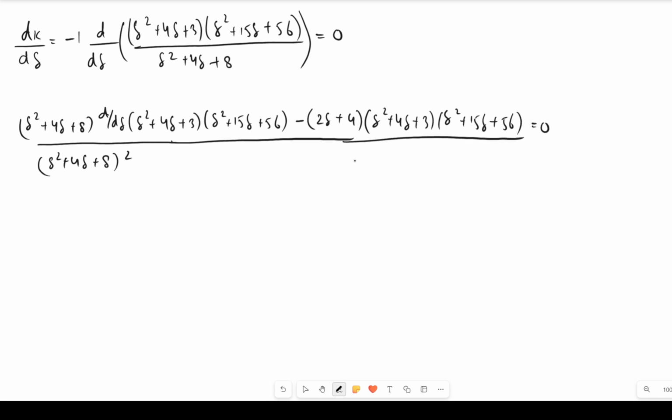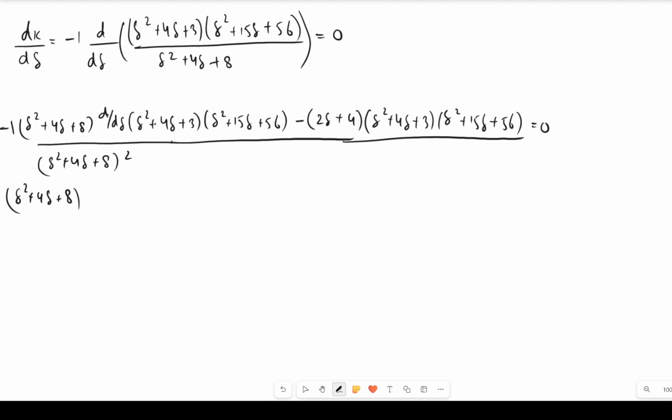Okay, now this whole thing will go this side, this minus thing will go this side and be multiplied with 0, and they'll be removed. Now we write this whole thing again, sigma squared plus 4 sigma plus 8.